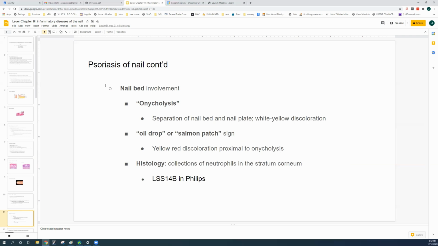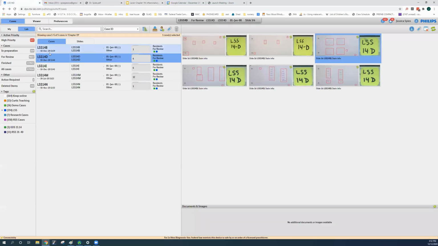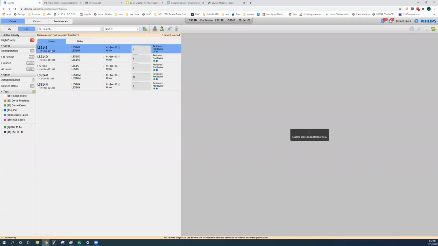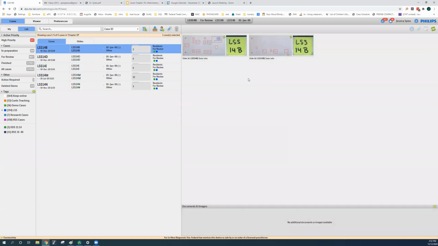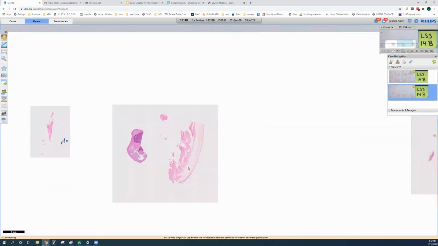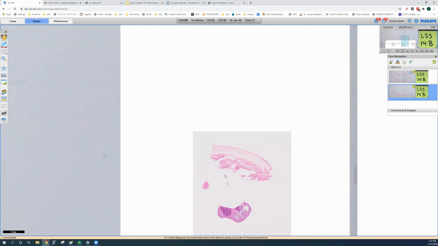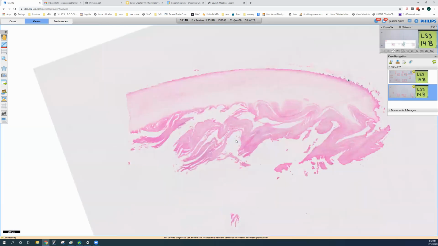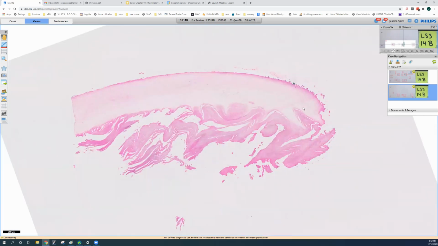I have an example from our case file to show you on the Philips slide scanner. This is an example of psoriasis in the nail bed. Let me orient you a little bit. Here is the nail plate.